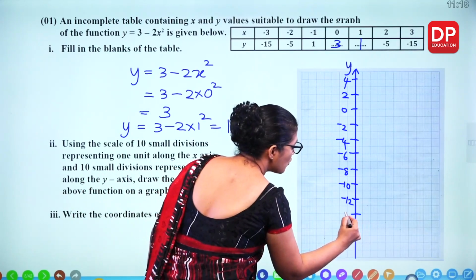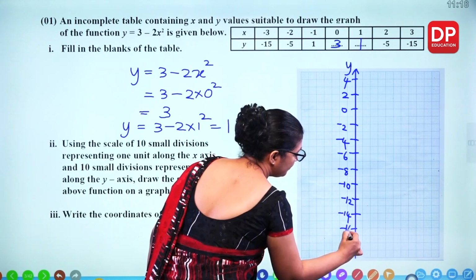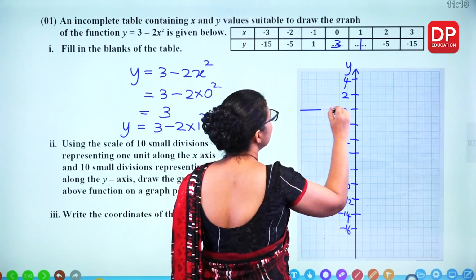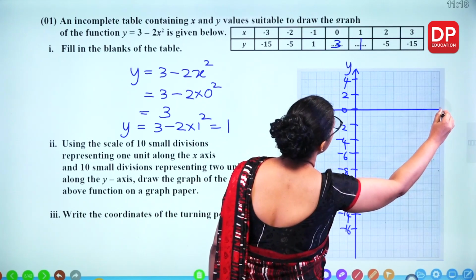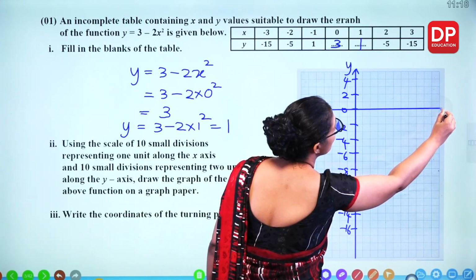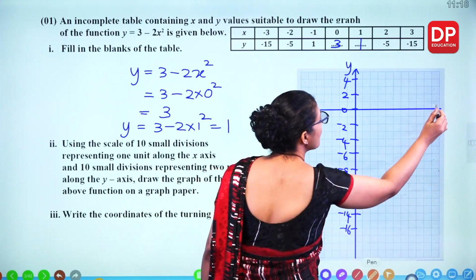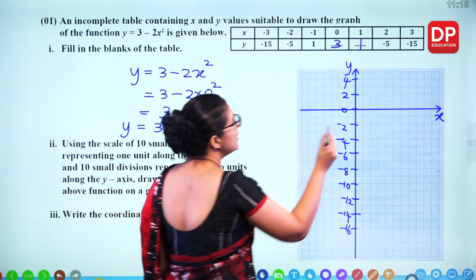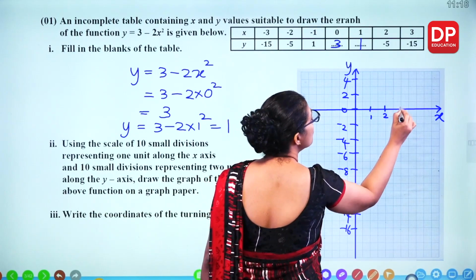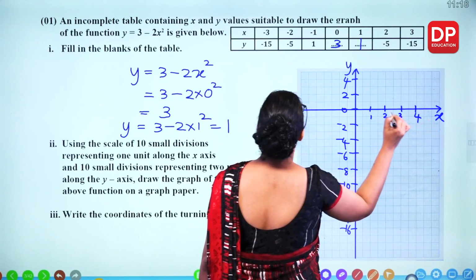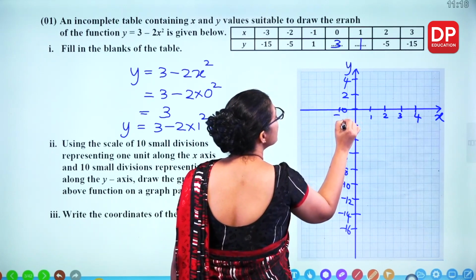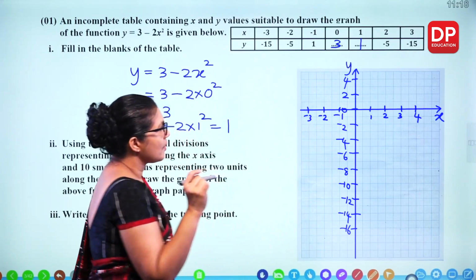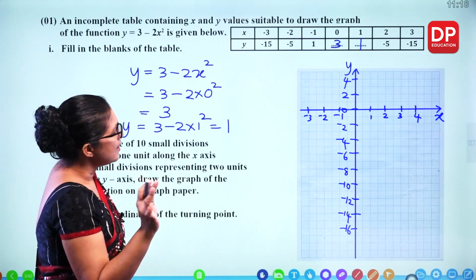Lowest is minus 15. So minus 14, minus 16. And then you can draw the x-axis. Draw the x-axis and you can label 1, 2, 3, 4. And here minus 1, minus 2, minus 3. Now that's the 2 axes.